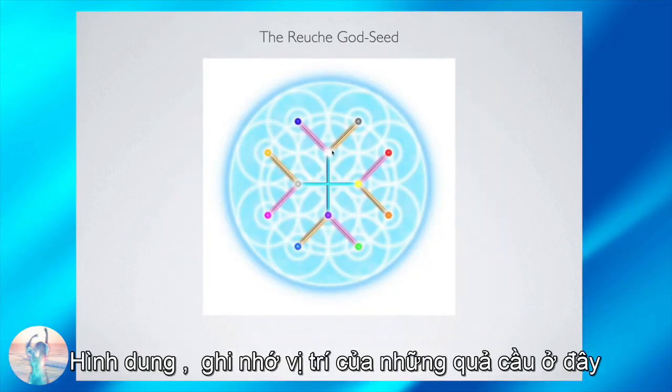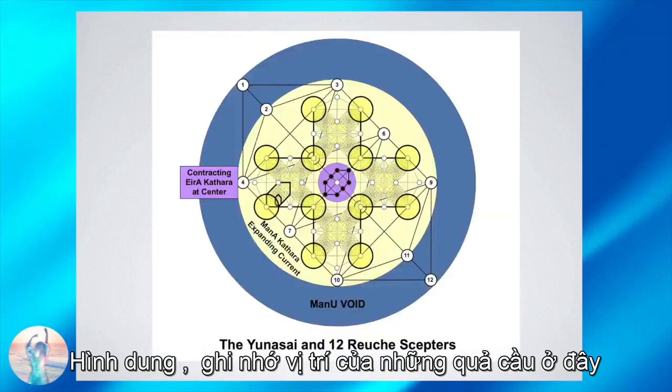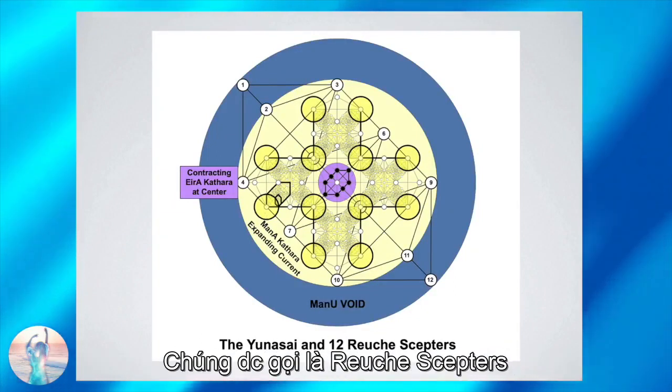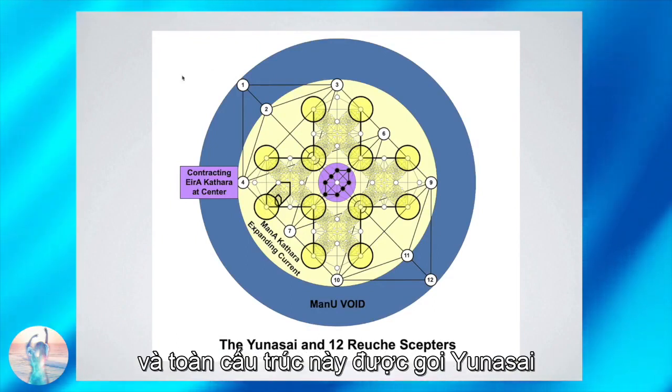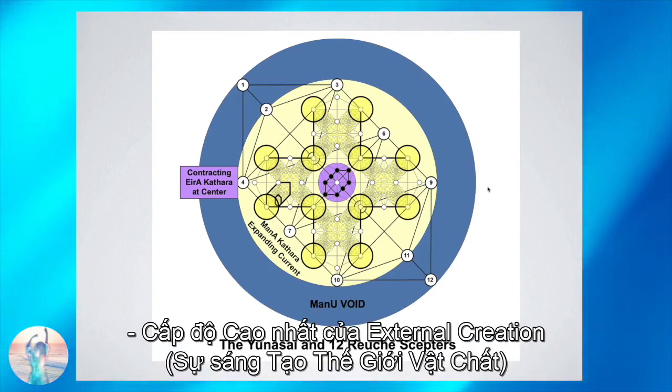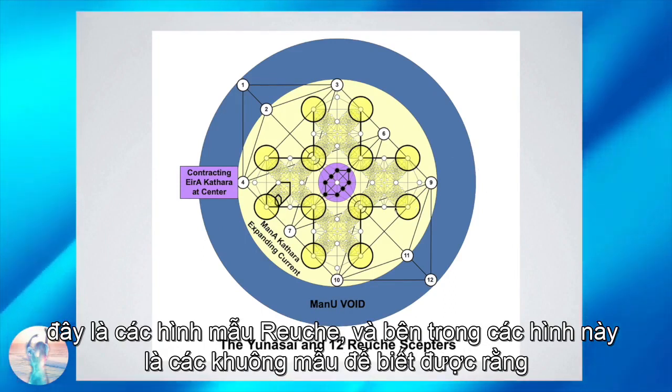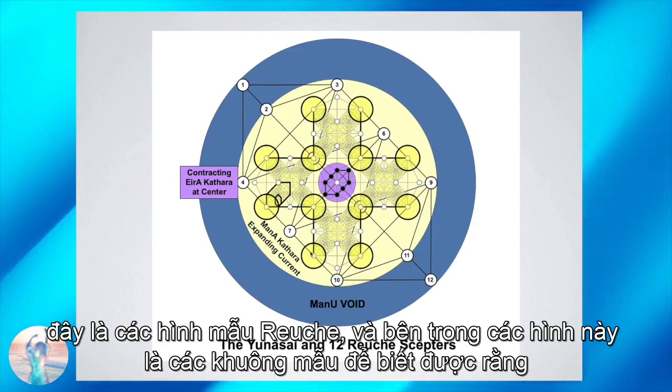Just imagine, remember the locations of these points here, and then look at these yellow circles. These are called Rouchet scepters, and this whole structure is something called the Unici, which is the highest level in external creation. And basically, it's the Rouchet pattern, what we've just been looking at.